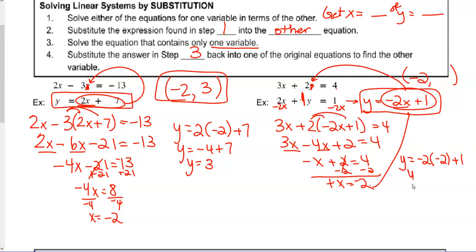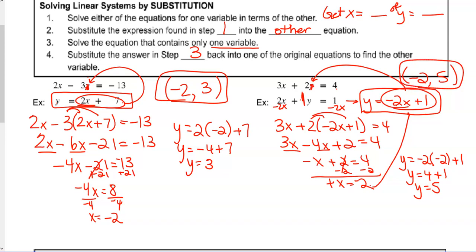So negative 2 times negative 2 is 4, plus 1. Therefore, my y value is 5, making the solution to my system the point negative 2, 5, and that would be my complete answer for that system.